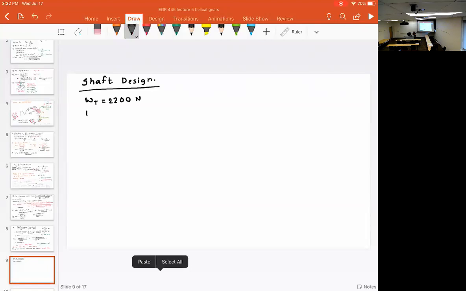So WN is equal to 2200 divided by cosine of 30. WA is equal to WN sine 30.